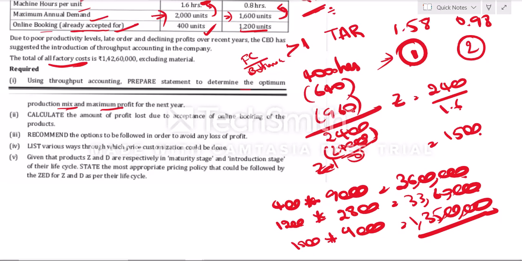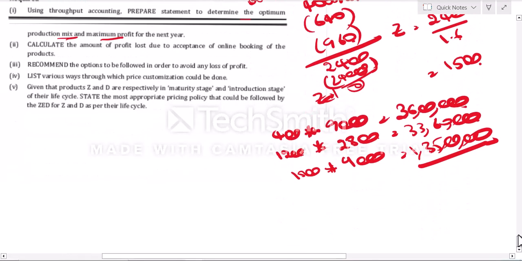So 1 crore 35 lakhs plus 33,60,000 plus 36 lakhs, 2 crore 4,60,000. This is the contribution.